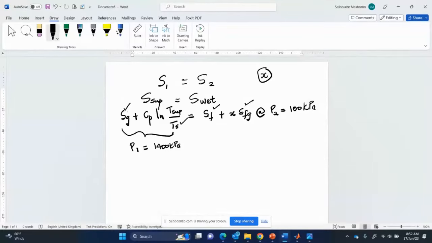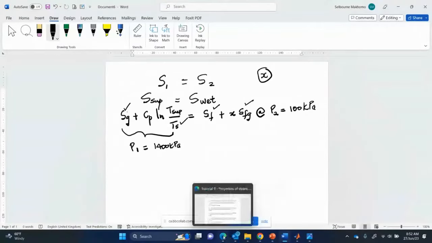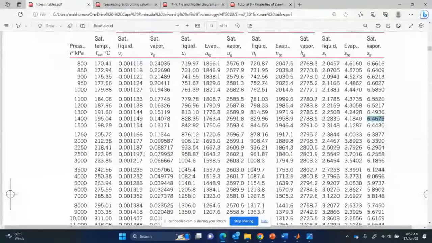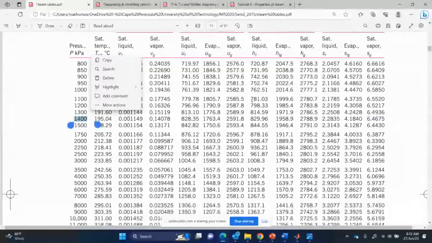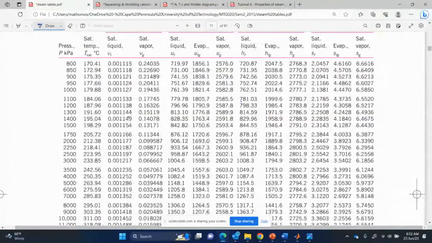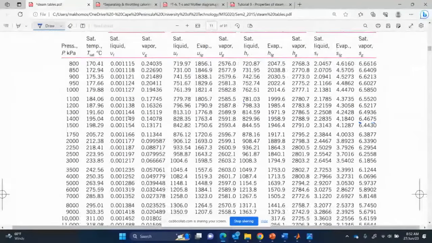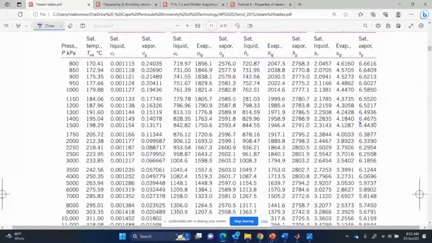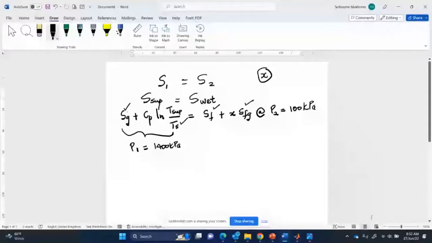So Sg at 1400. We go to the tables. Here is 1400, and then Sg is here, 6.4675. So Sg is 6.4675.